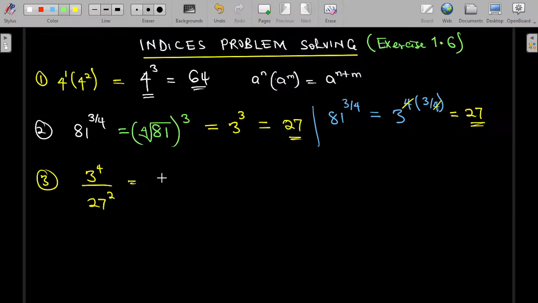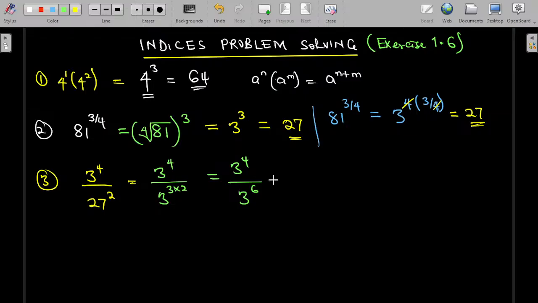So this is 3 to the power of 4, and I can write 27 as 3 to the power of 3 now. And then there's already a 2 there, so the 2 of them will multiply, and this is going to be 3 to the power of 4 all over 3 to the power of 6.